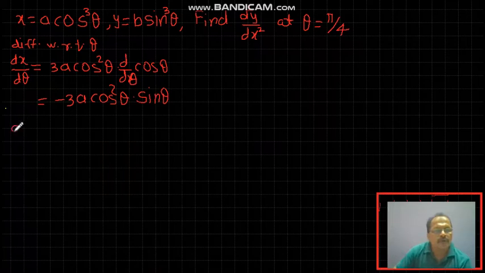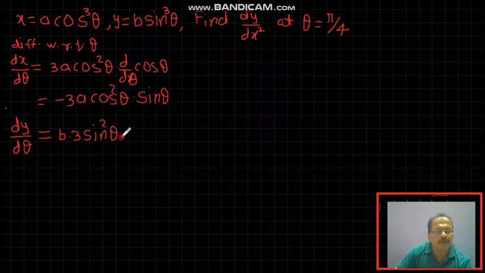Now dy by d theta is equal to, differentiating y equal to b sin cube theta, b is constant, derivative of b as it is, sin cube theta gives 3 into sin square theta into the derivative of sin theta, which is cos theta.